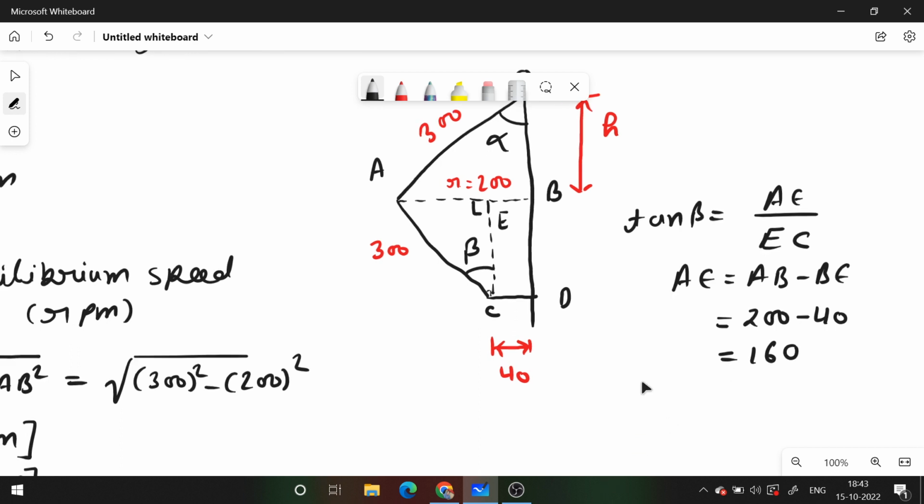So from here AE is equal to 160. So EC can be calculated. EC will be equal to the under root AC square minus AE square. Okay.